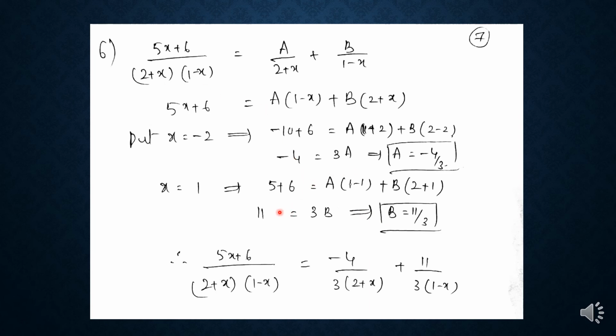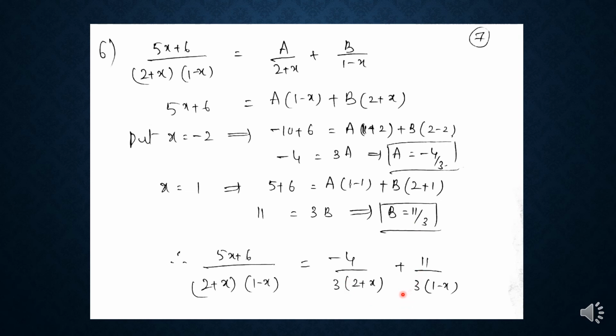Now by substituting a and b in the given equation 1, we can write it as 5x plus 6 by 2 plus x into 1 minus x is equal to a, which is minus 4 by 3 into 2 plus x, plus b, which is 11 by 3 into 1 minus x.